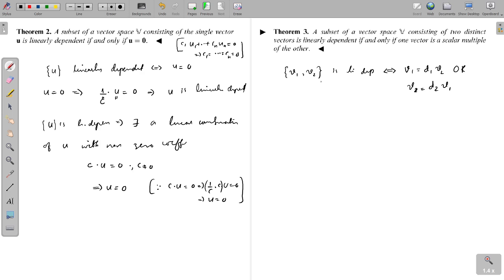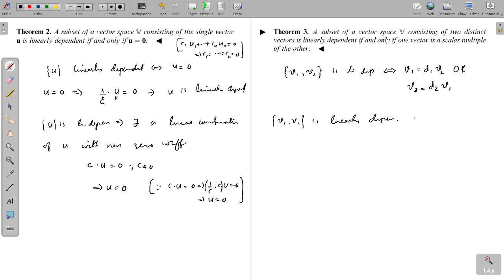So first you assume v1, v2 is linearly dependent.